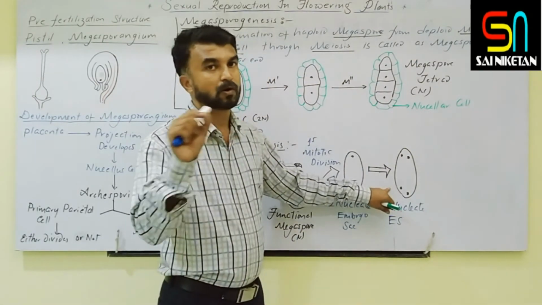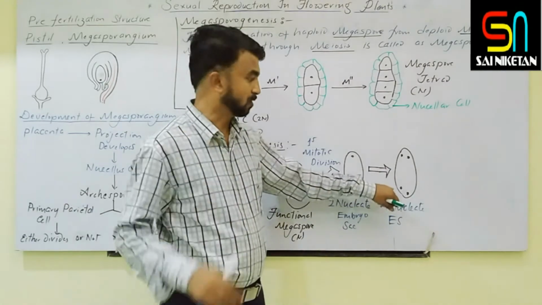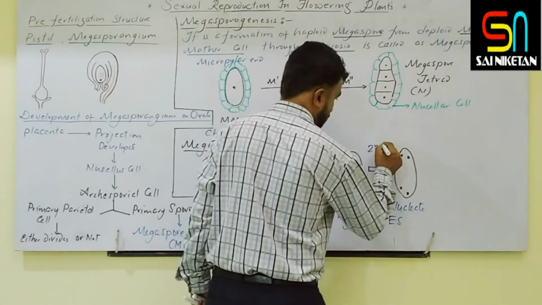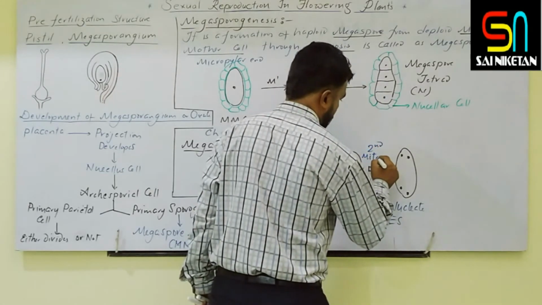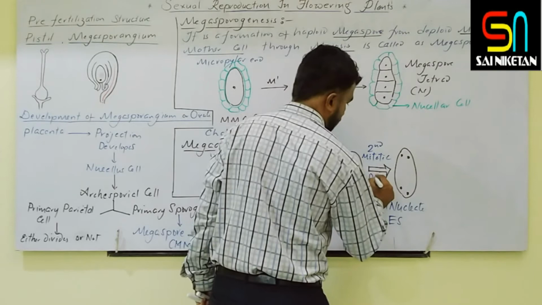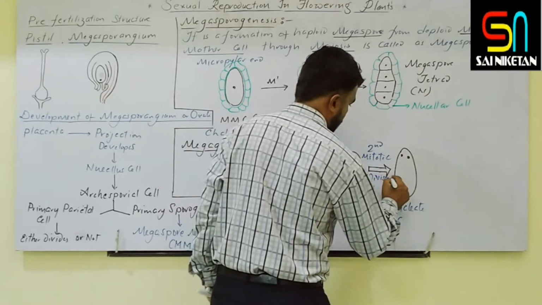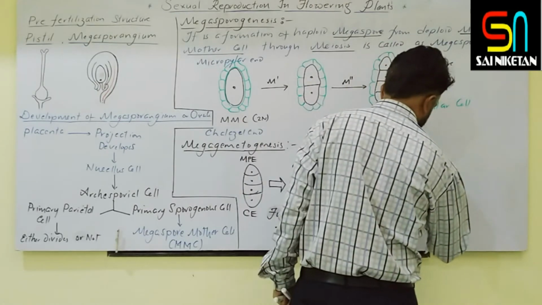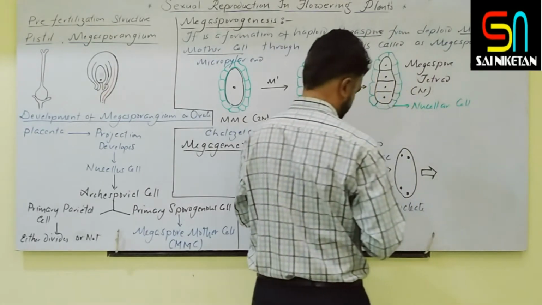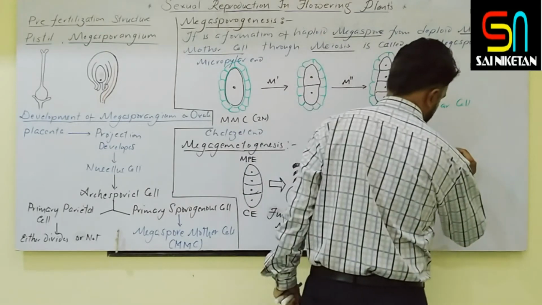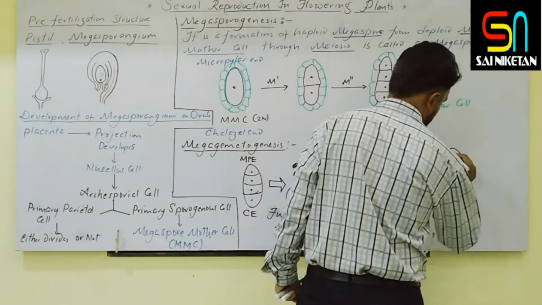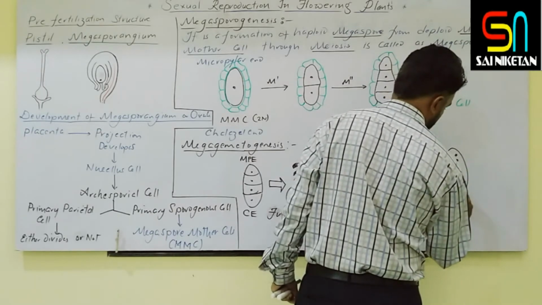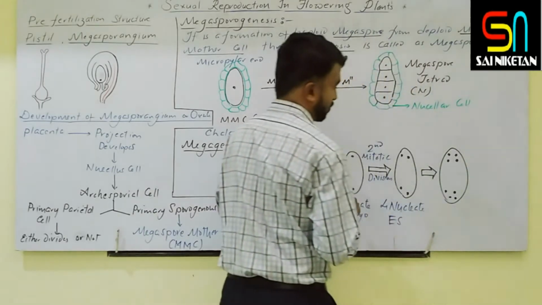Still the plasma membrane or cell wall is not laid down. Now this is the second mitotic division. Now the last mitotic division occurs, and 4 nuclei at each pole.